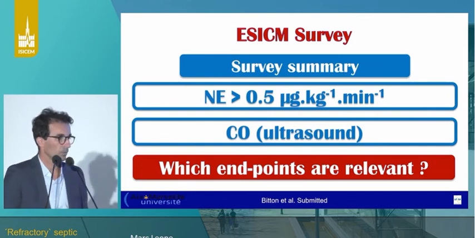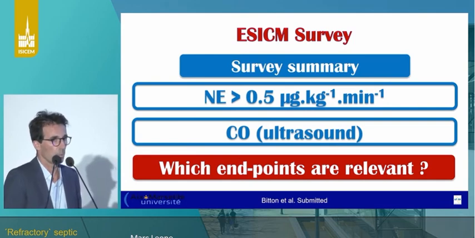So we can think about what the relevant endpoints are to define this, and perhaps the dosage of norepinephrine is not the best endpoint.